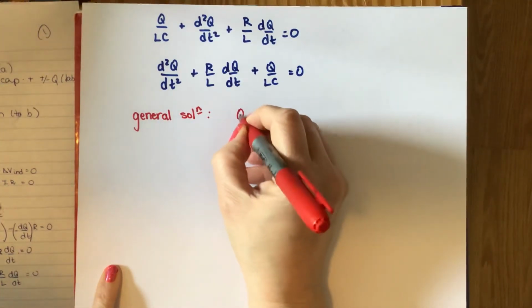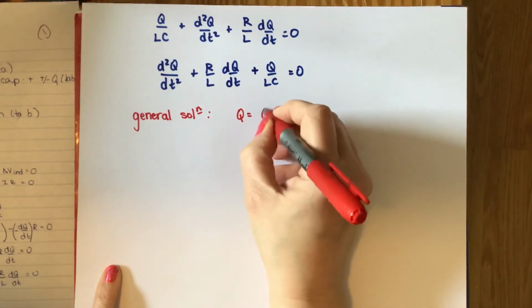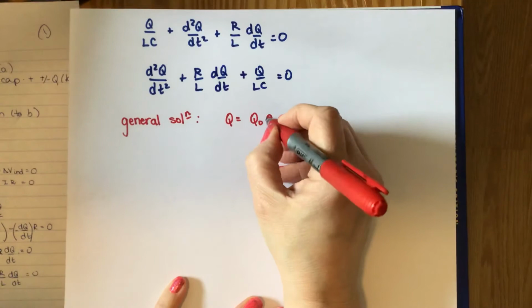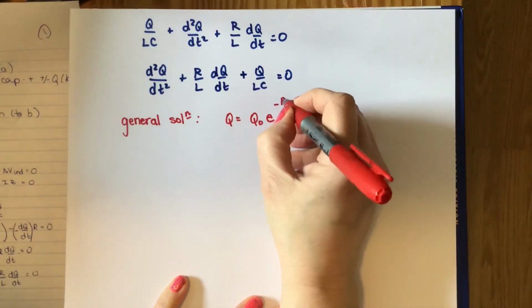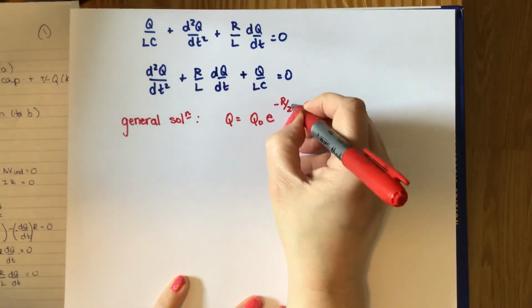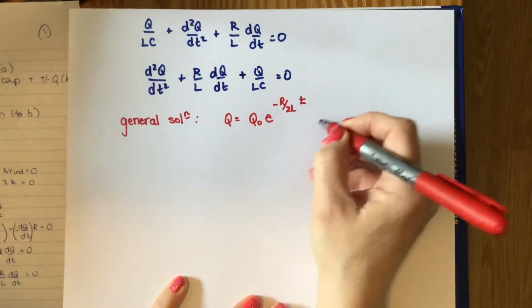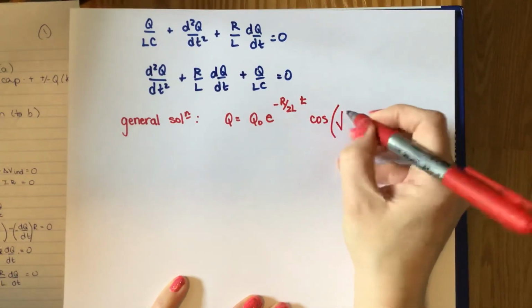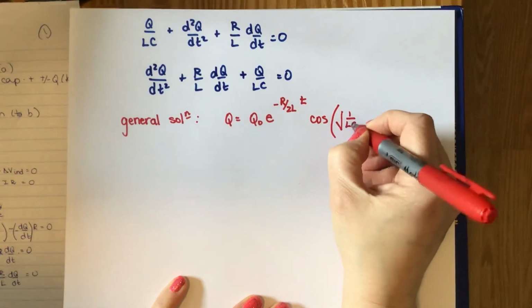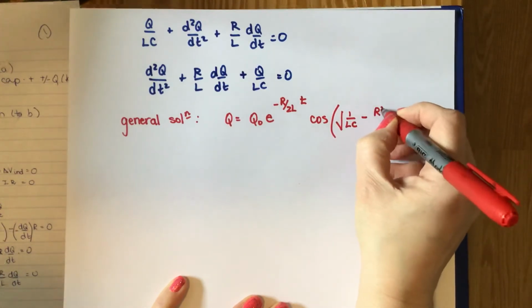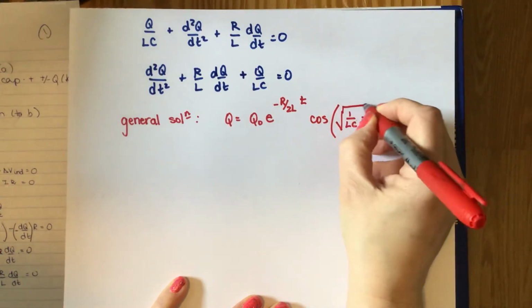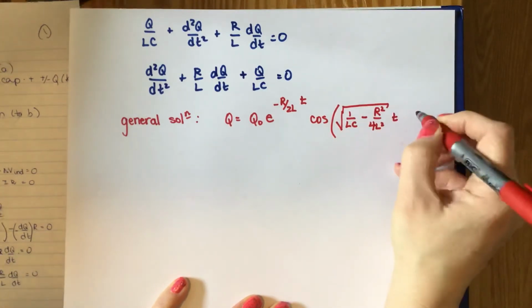is that charge Q is some maximum value, which we'd called Q0 in other problems, times e to the minus R over 2L times t times the cosine of the square root of 1 over LC minus R squared over 4L squared, that's times time.